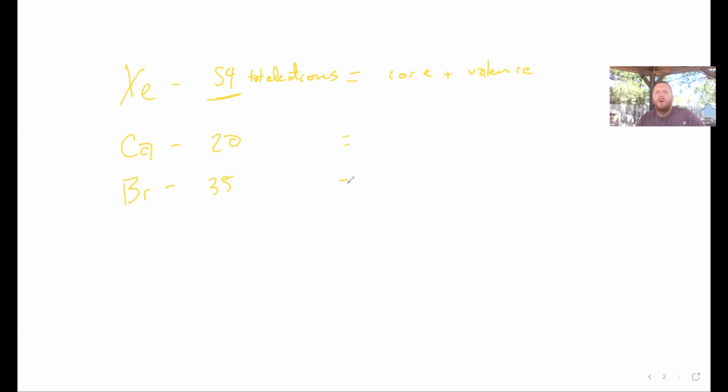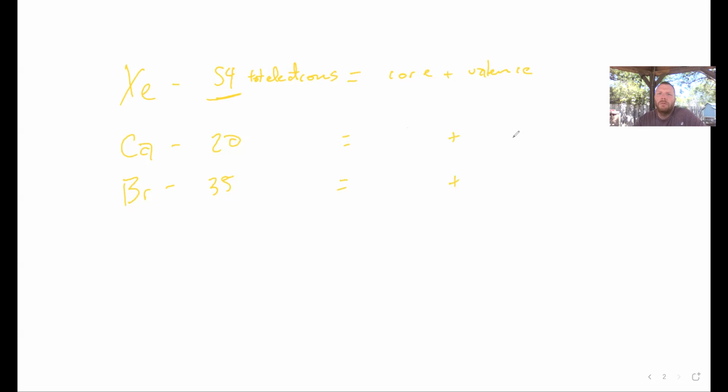So my total number of electrons is equal to my atomic number, because I'm talking about a neutral atom here, and my valence electrons are basically equal to the group in which that element is found on the periodic table.